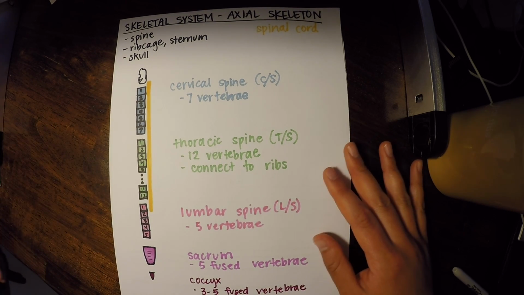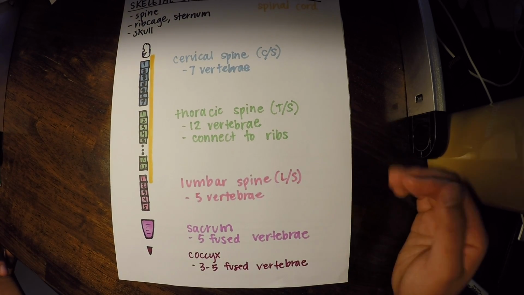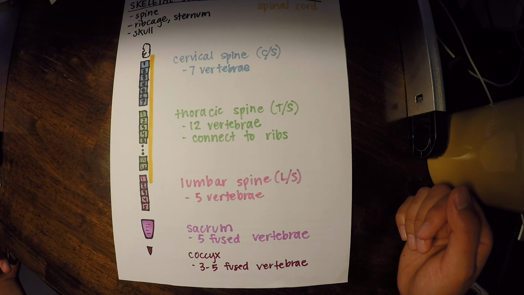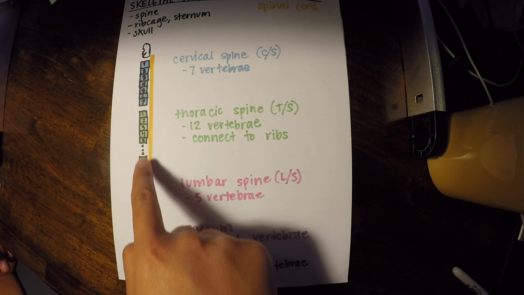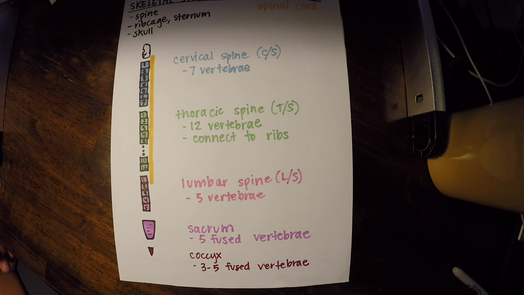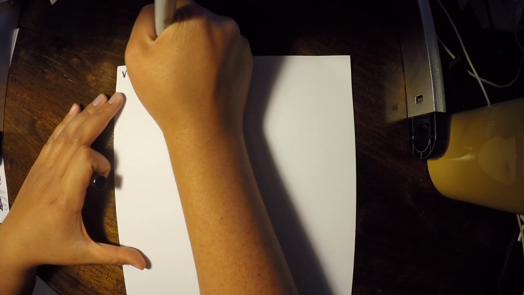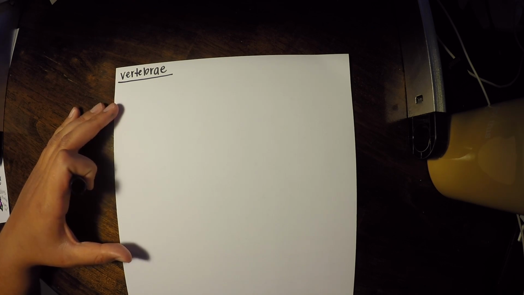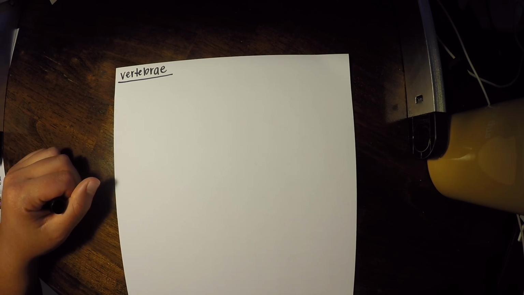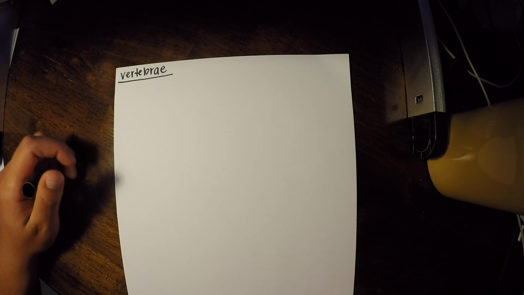Now, here we have this global look at our spine and all the different vertebrae, but let's take a closer look at the vertebrae themselves, these little things that are represented by the boxes. So let's take a look at vertebrae. Now, what I'm going to do is separate this into 3 different sections for those main 3 parts of our spine.